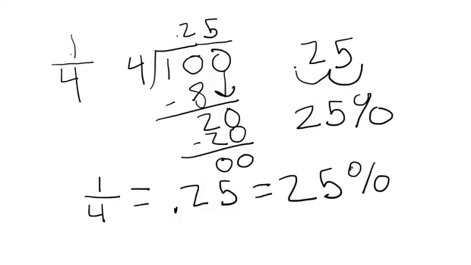Let's try another one that's maybe not so simple. Okay, so let's say I'm working in a garden and I want 2/3 of my vegetables to be tomatoes, all right?